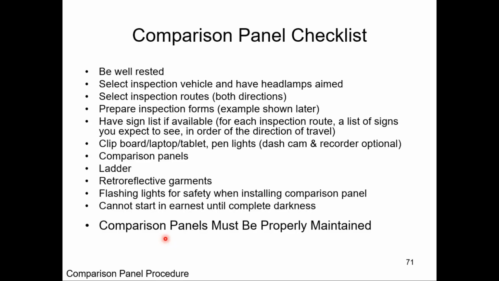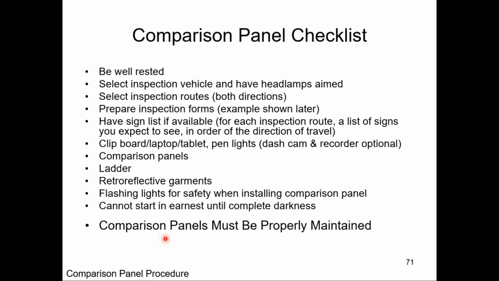Just a checklist, won't go through all of these. Select your vehicle and have the headlamps aimed. To me, that's more for liability exposure reasons, for risk management. I think if, at the start of your inspection season, you have the headlamps aimed, and some of your larger agencies have mechanics in-house that can do that.